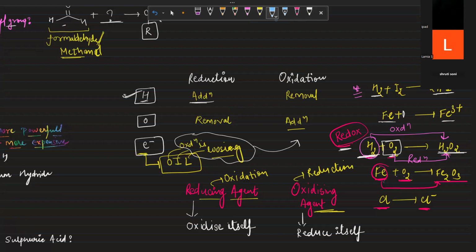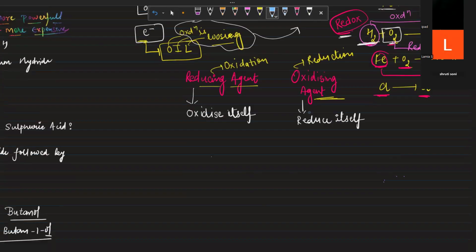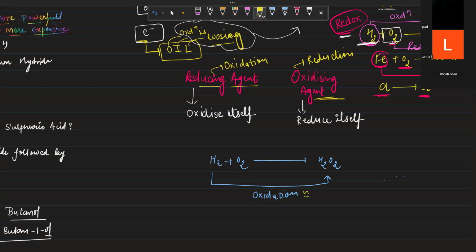Let's suppose I have the reaction H2 plus O2 giving H2O2. In this case, from H2 to H2O2, oxidation will take place. So can I say that H2 is working as a reducing agent?